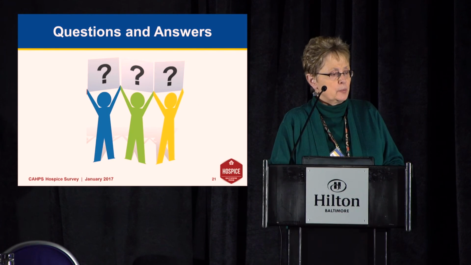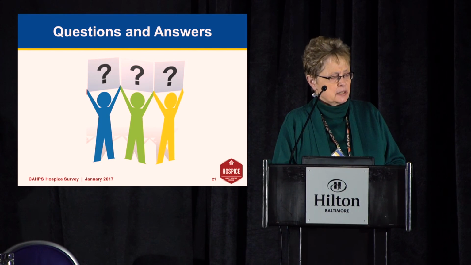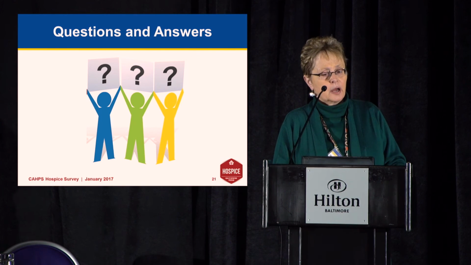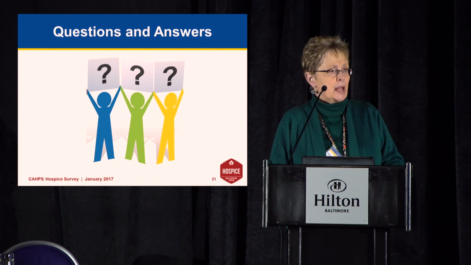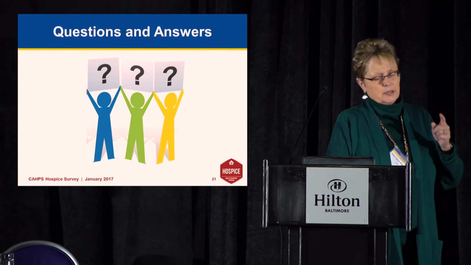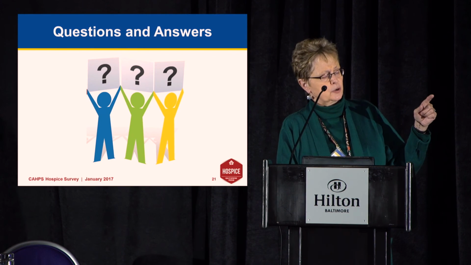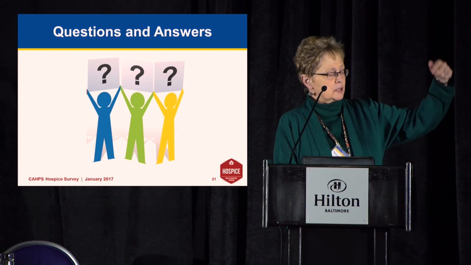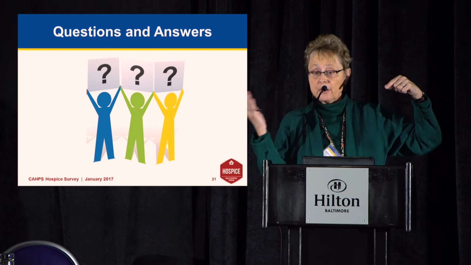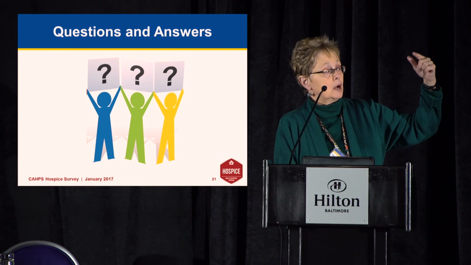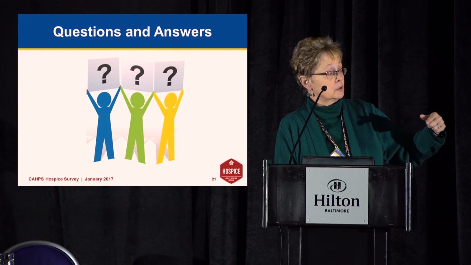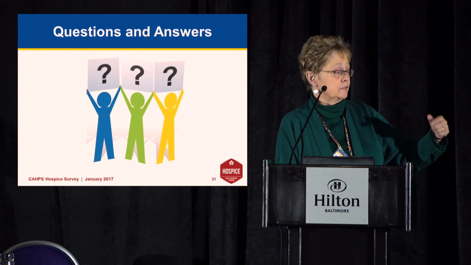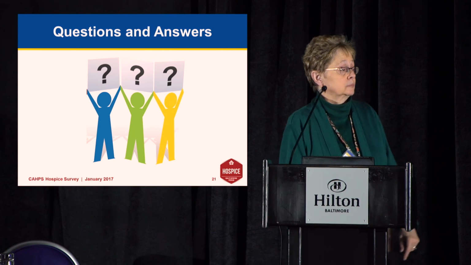The primary caregiver has to be an adult. They don't have to be in the United States, but they have to have an American address. There's a list in the manual, which can be found on the website, as to who is eligible for the survey. And if you fall out on any of these, they're just simply ineligible.